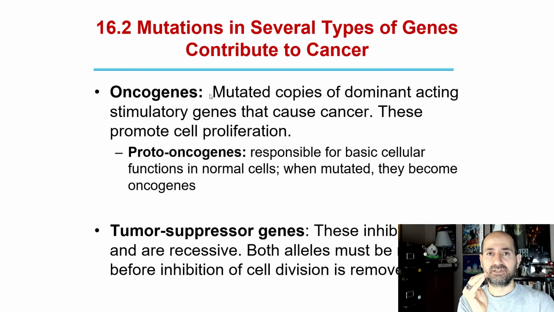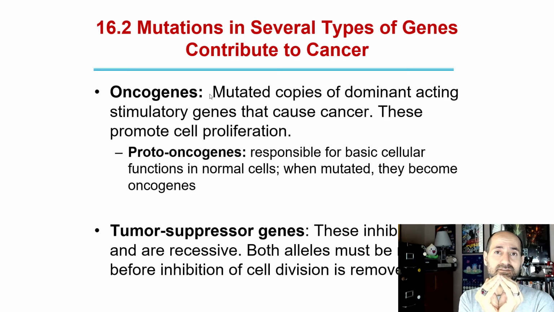That would be an oncogene. I've mutated my proto-oncogene, which had the normal job of only telling the cell to divide when the growth factor is around, into an oncogene, which tells the cell to divide regardless of what's going on, ever. So the cell just constantly has this signal to divide.